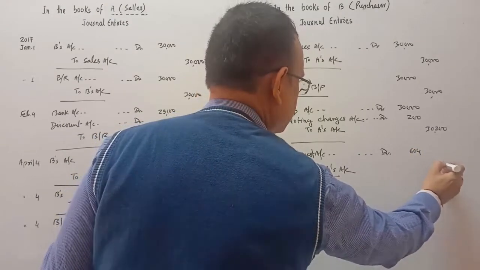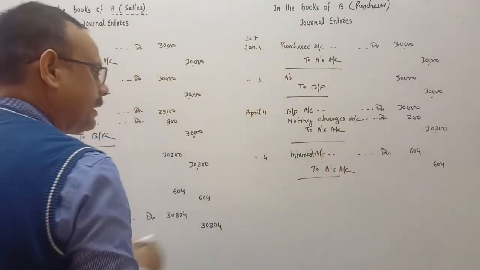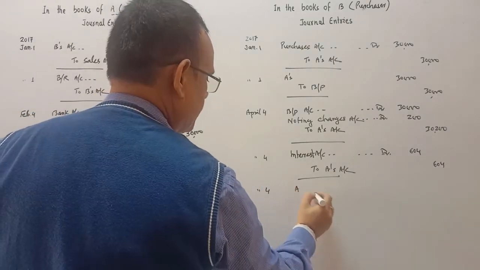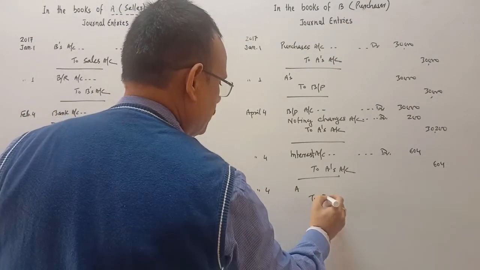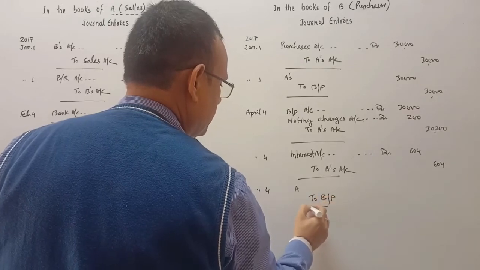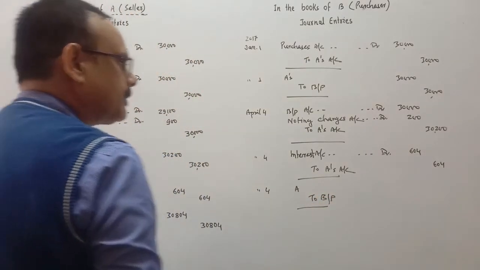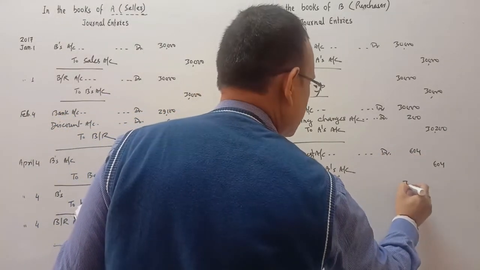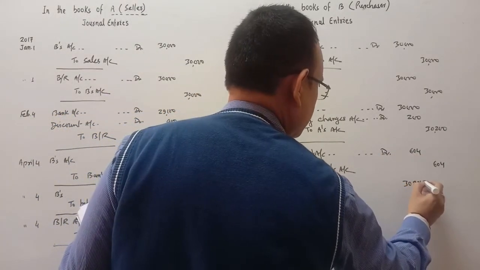We have already done the calculations. Now the new bill will come. A's account debit to bills payable account, and in this new bill, the amount of the bill plus noting charges plus this interest, so 30,804.